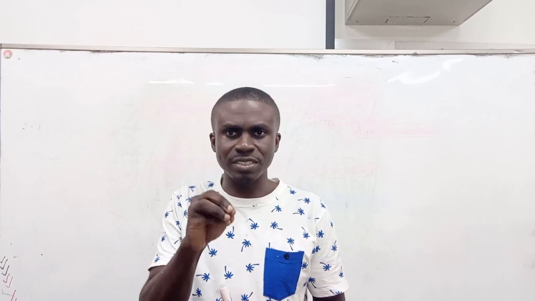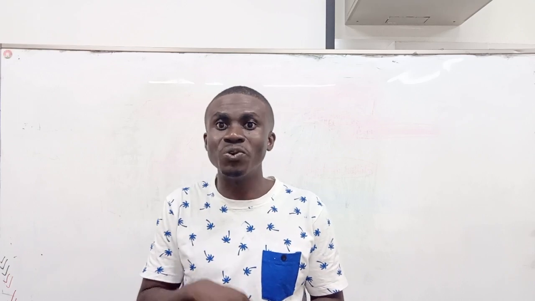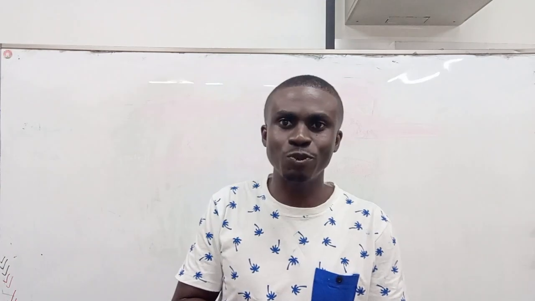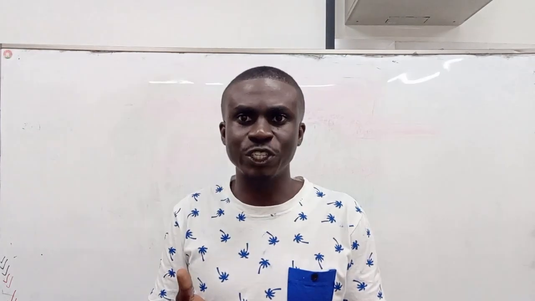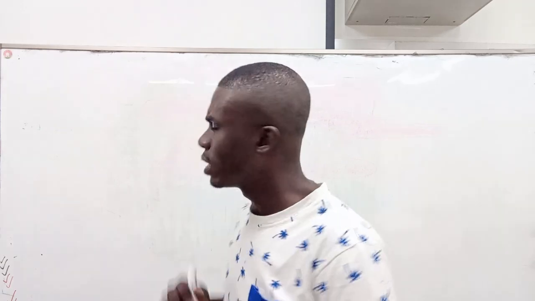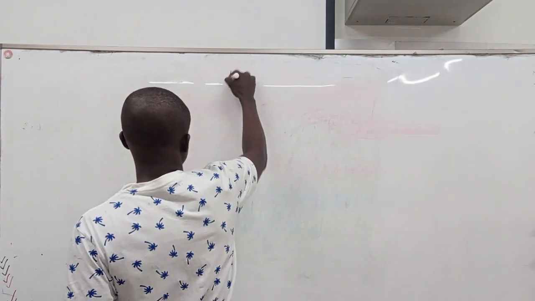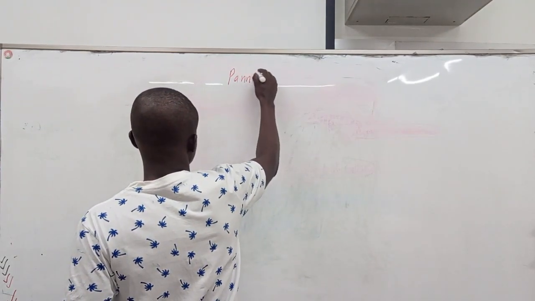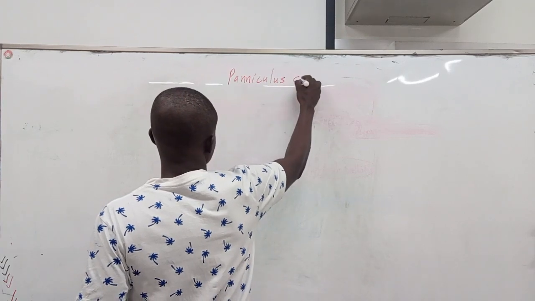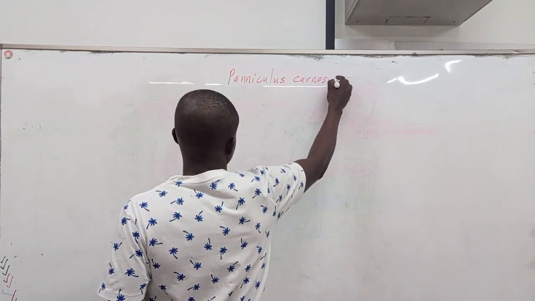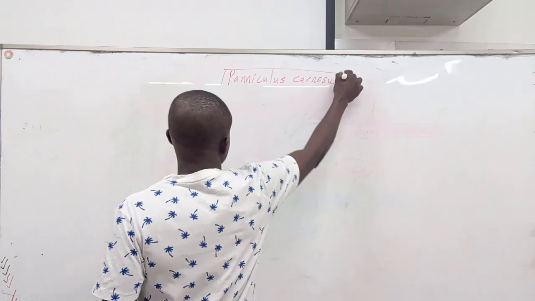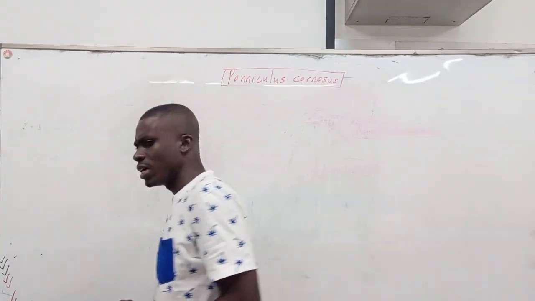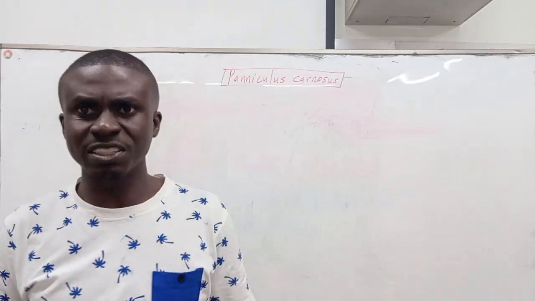But there are some muscles that don't attach to bones. No, they don't attach to bones. They are tied to subcutaneous tissue. And by attaching to subcutaneous tissue, such muscles we call Paniculus carnosus muscles. I want you to be aware of these muscles too.